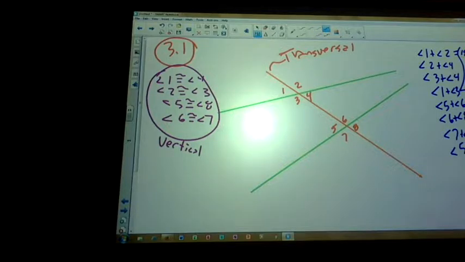Those are all equal to 180 degrees for what reason? Linear pair, which could also be called supplementary, but supplementary can't be called a linear pair all the time. Make sense? Good?